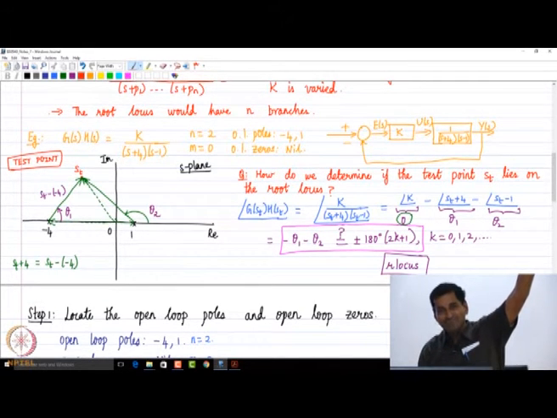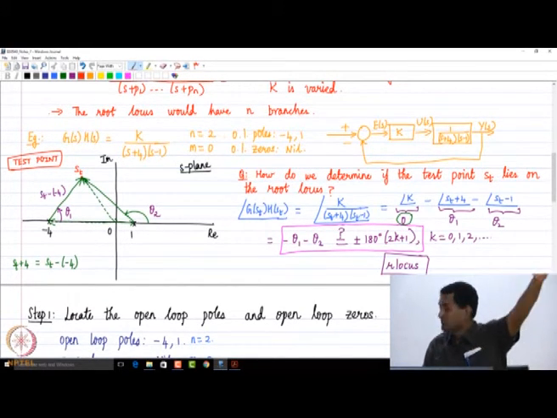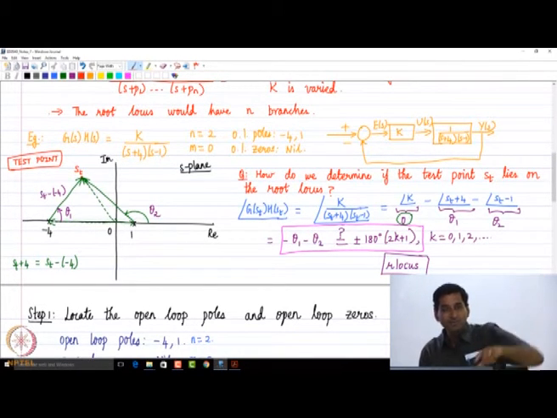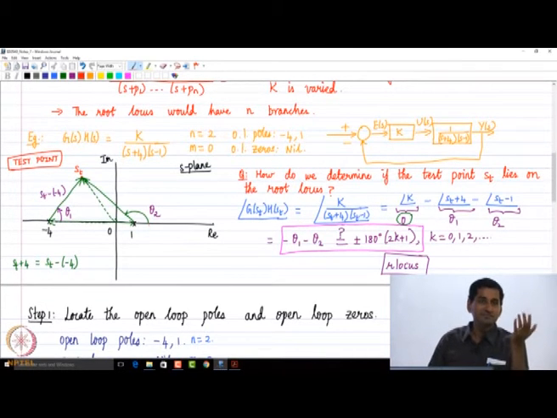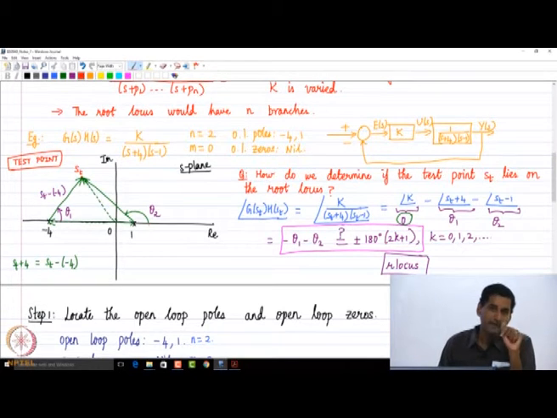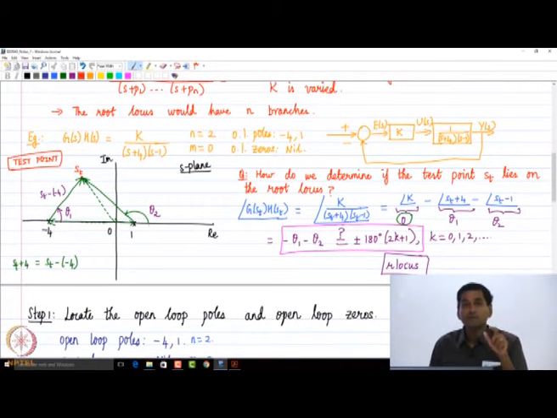So let's say you push st to infinity, somewhere even towards the top left here. As st tends to infinity, you draw the vector from -4 to st and 1 to st, and the angles are almost going to converge to the same value in the limit. So it doesn't matter which direction we go. You see that the angle contribution from each open loop pole and each open loop zero would become equal.